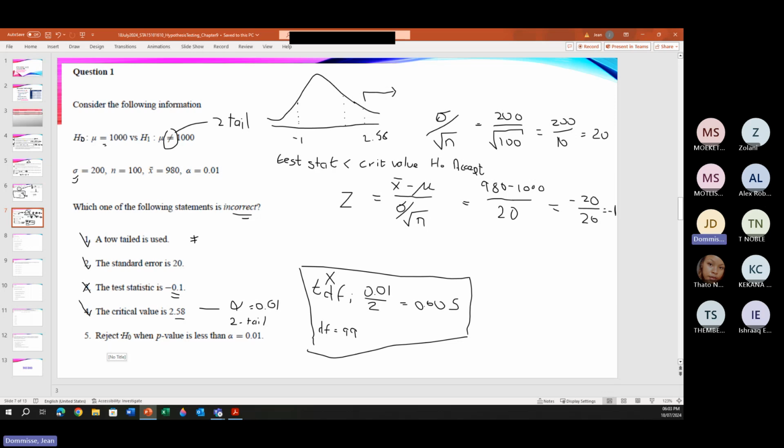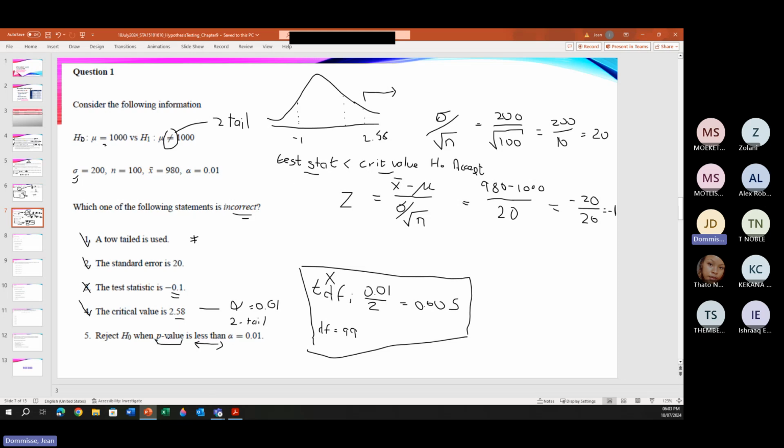So reject the null hypothesis when the p-value is less. Okay, so when you're, and this I will explain a few times today. So when your T-stat is smaller than your critical value, we will accept the null hypothesis.